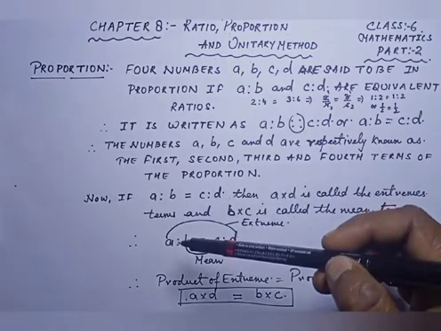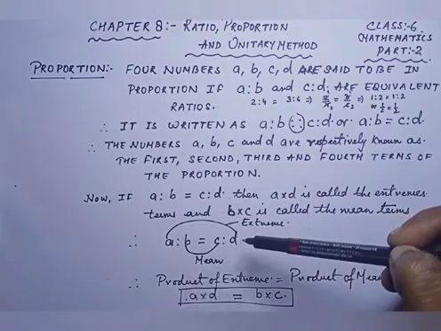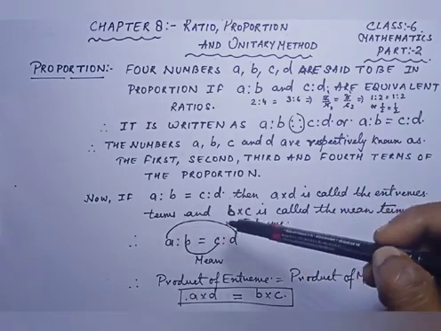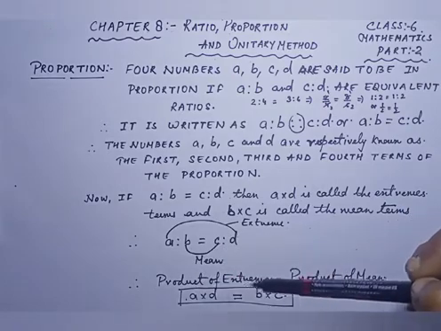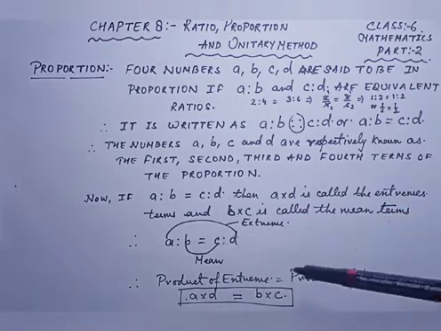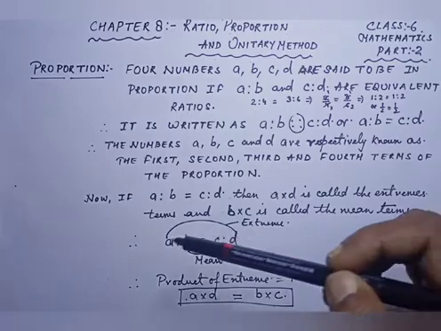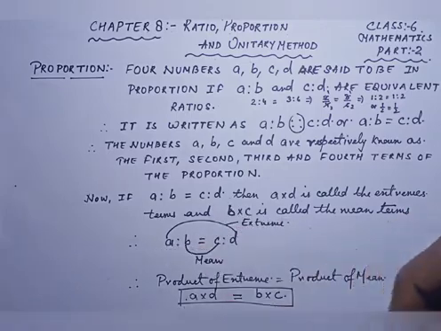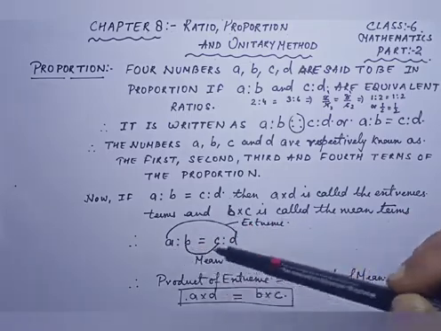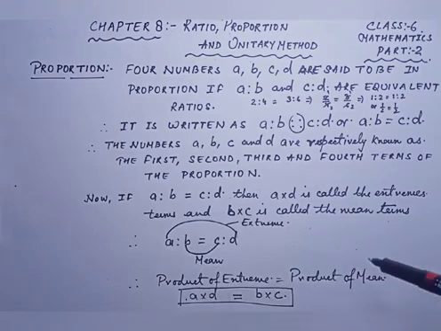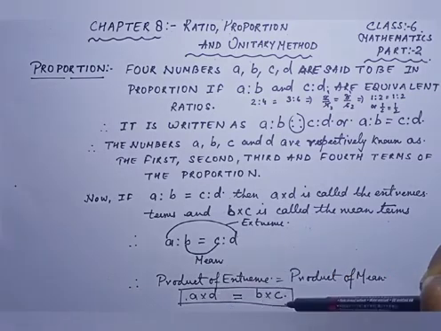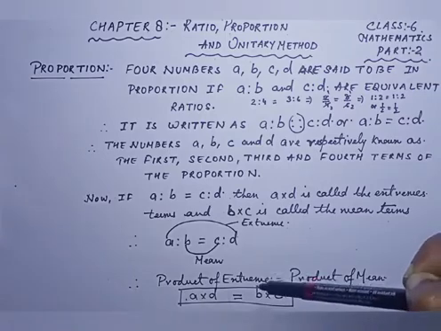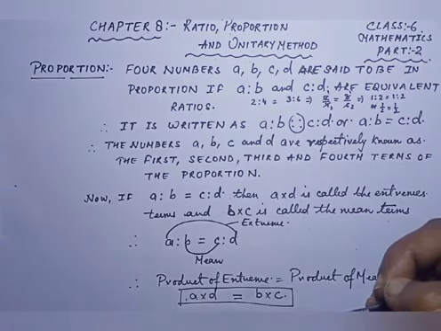So we can say that A is to B is equal to C is to D, where A into D is called the product of extremes and B into C is called the product of means. From this we can derive a new formula, that is product of extremes is equal to product of means, that is A into D is equal to B into C. I hope it is clear to everyone.